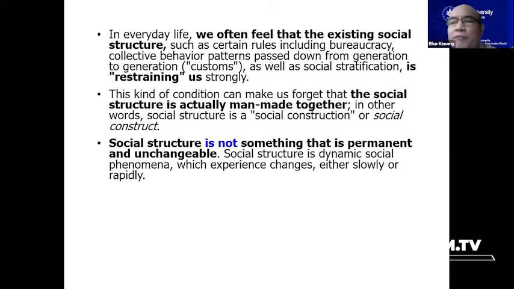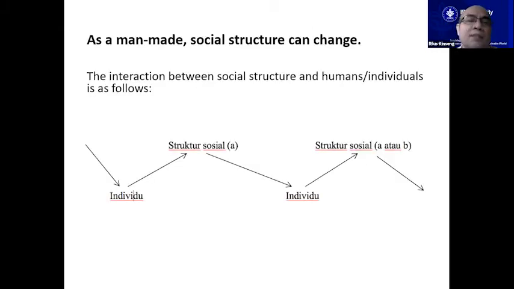While sometimes we really feel powerless in changing it, actually we can in some way or another change it, maybe by collective action, by protesting, or through the lawmakers that produce the laws and rules. We can work together to change it in order to make a much better life. So this is the process of man-made social structure change.